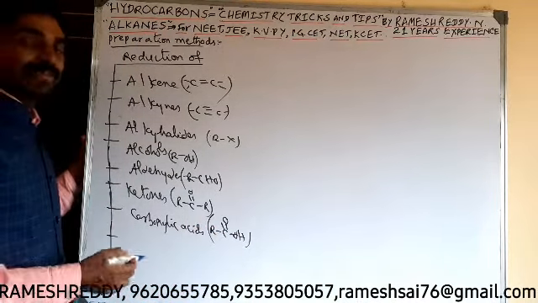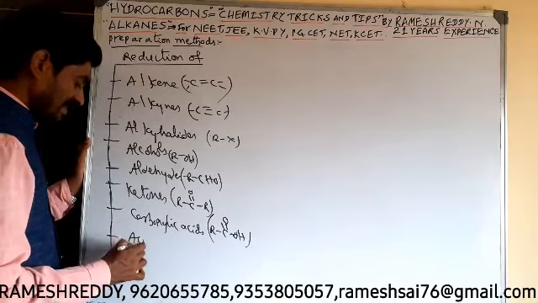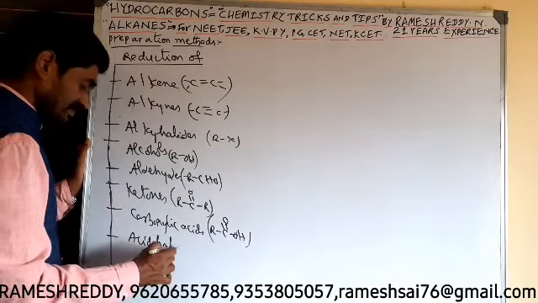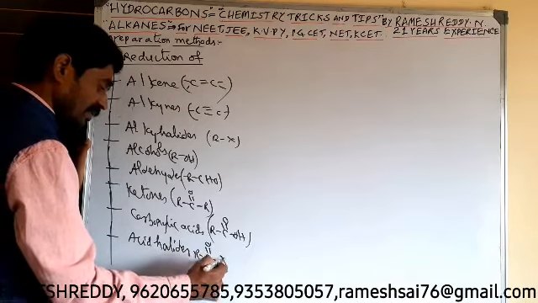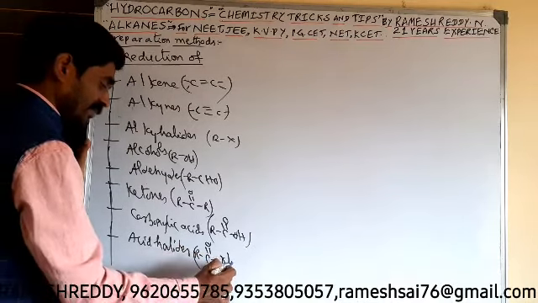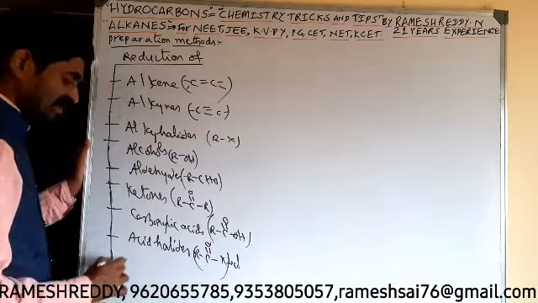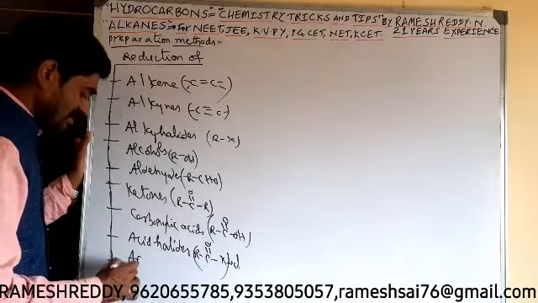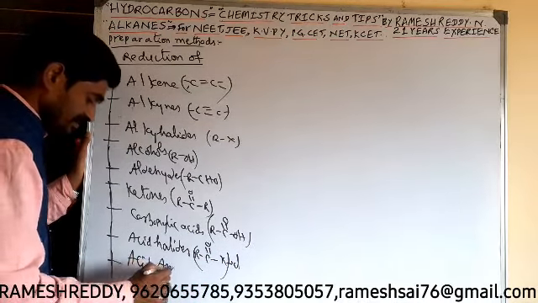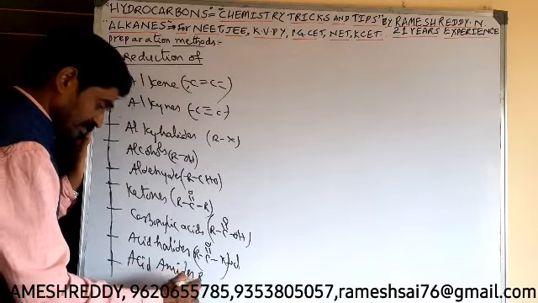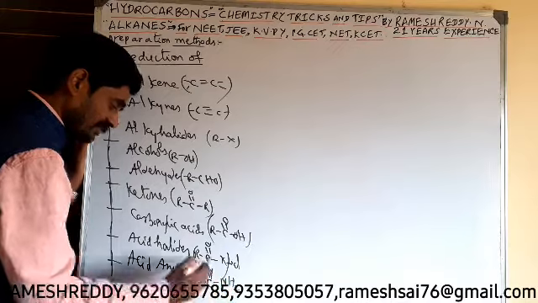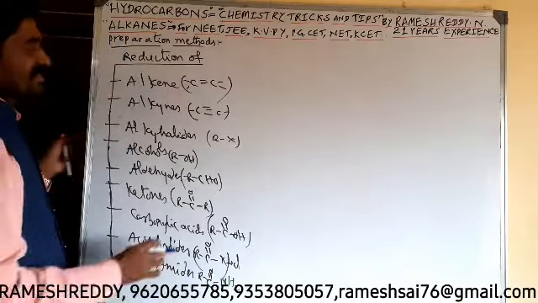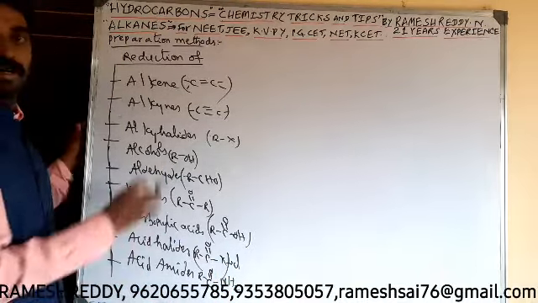Reduction of acid derivatives like acid halides, RCOX, maybe X will be chlorine. Reduction of acid amides, RCONH2. Right. These are all different organic compounds.